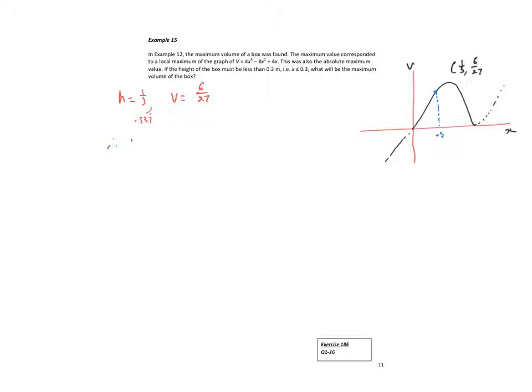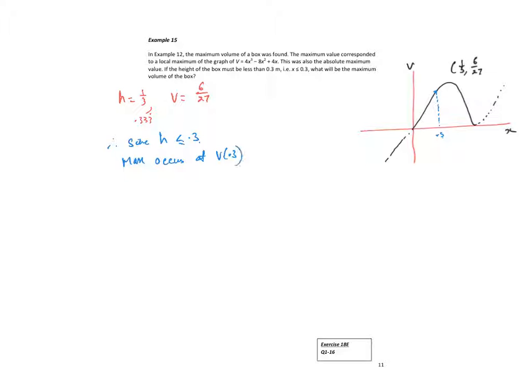So since the height is less than 0.3, the maximum, we're saying less than or equal to, the maximum occurs at v of 0.3.